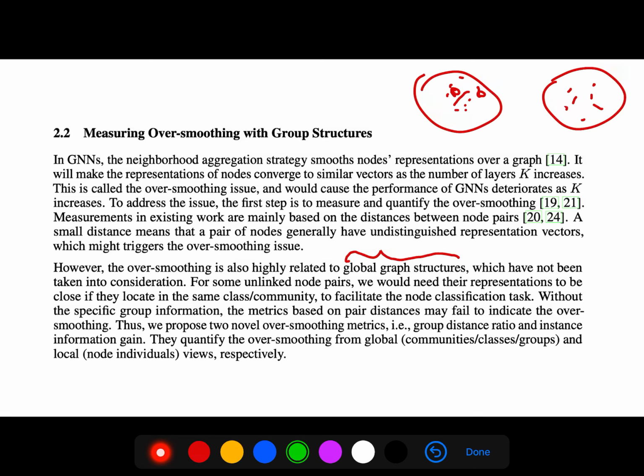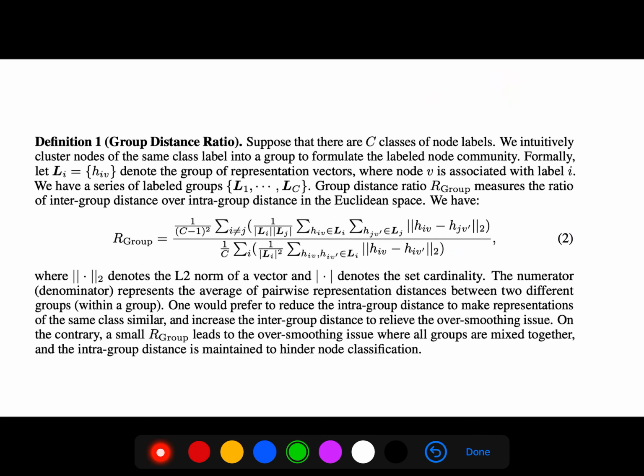But we want the representation of this node and this node to be very different because they are from different communities. Thus, we propose two novel oversmoothing metrics, group distance ratio and instance information gain. They quantify oversmoothing from global and local views.